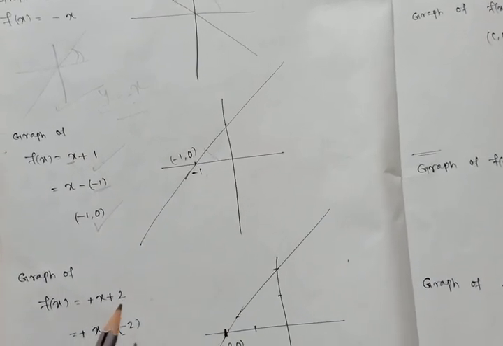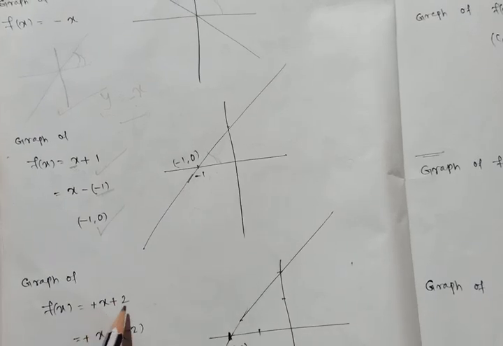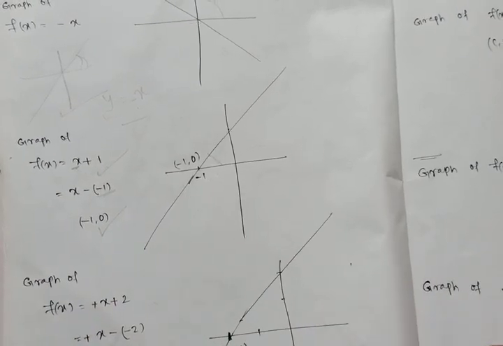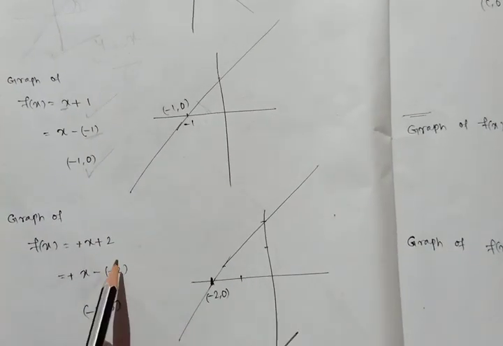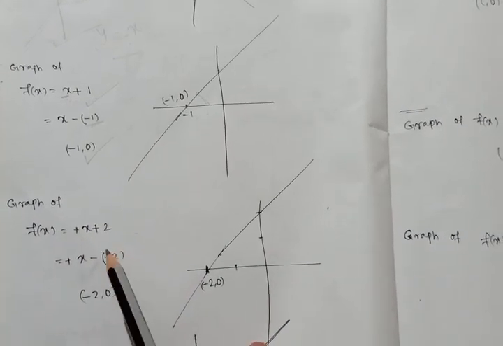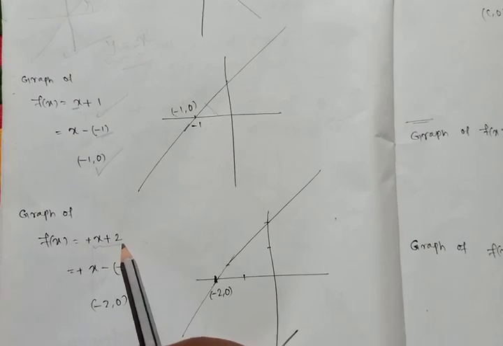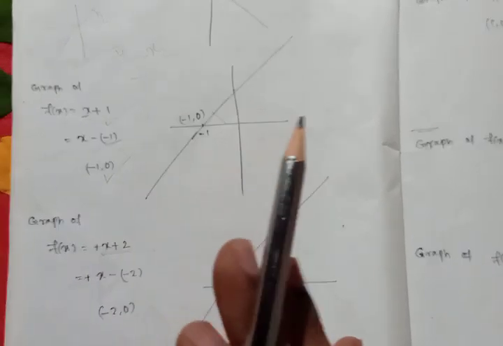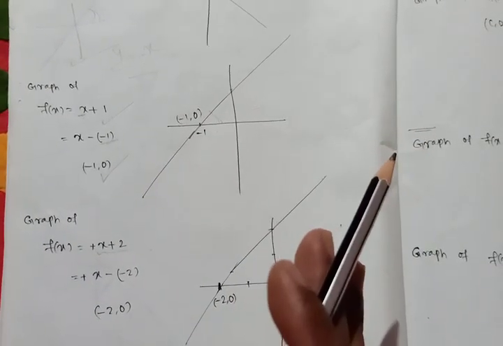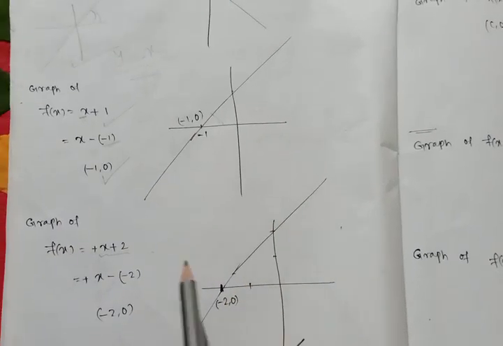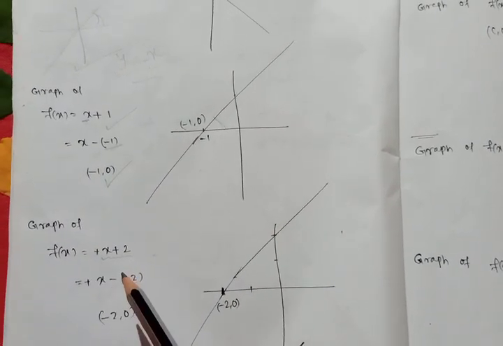Now come to the second question: f(x) equals x plus 2. In this case also, whatever it may be, the slope is 1. So we conclude that yes, the straight line will make an angle of 45 degrees with the x-axis. Okay. And at which point is it passing through?